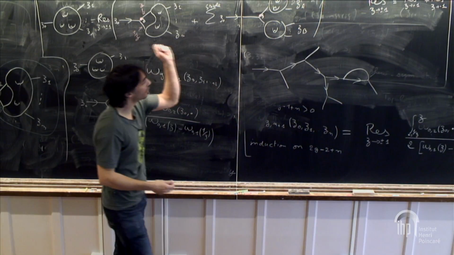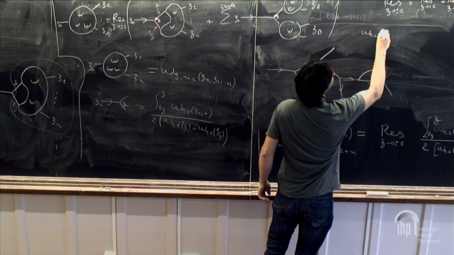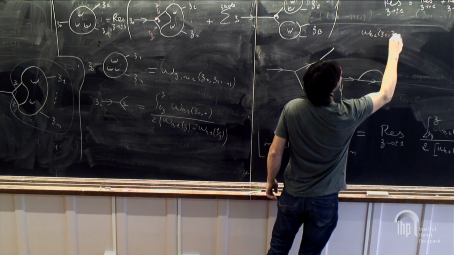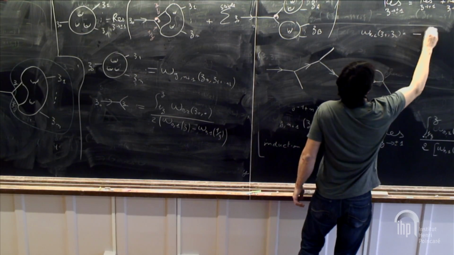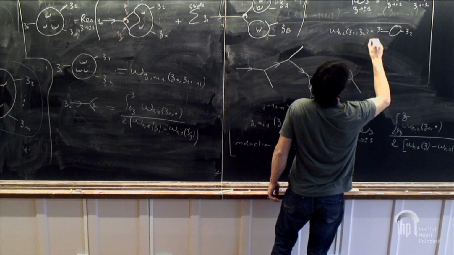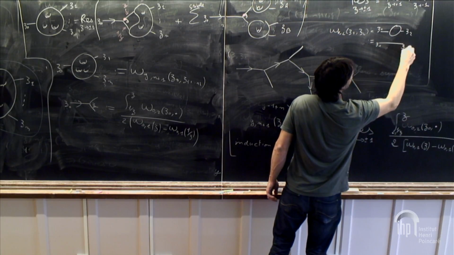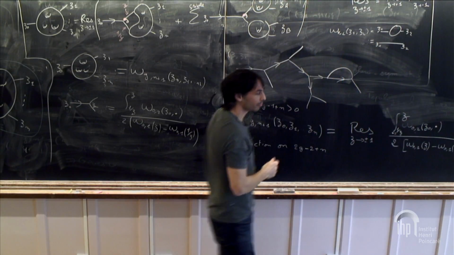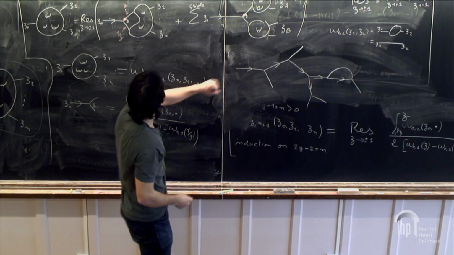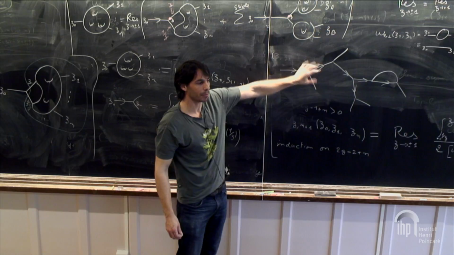So if you follow this step and you replace omega 0,2, which with my notation should be something like that, Z1, Z2, you replace it just by an edge going from Z1 to Z2, non-oriented because it's symmetric. Then you will find out that this can be written as a sum over trees of this type.